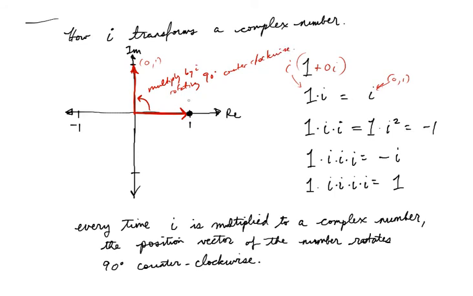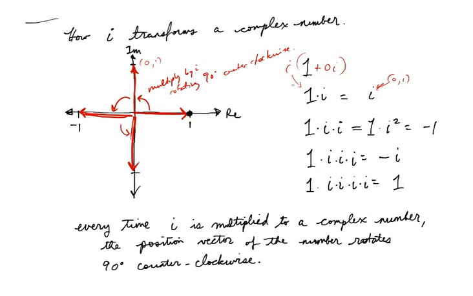And what happens if I multiply i by i? Then I have i squared, which is equal to negative 1, and so you see that that ends up with this vector (-1, 0). So every time I multiply by i, any complex number will rotate 90 degrees in the counterclockwise direction.